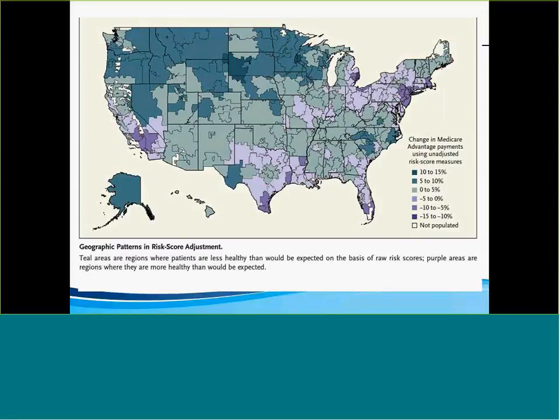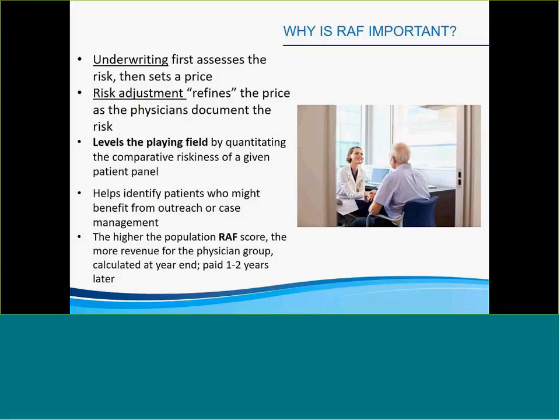They get somewhere between 5 and 15% more reimbursement than average, whereas the purplish areas, such as California and most of New York, most of Florida. So there's a difference between what we're paid by the payers compared to what someone's paid in Minnesota of about 20% for the exact same work.